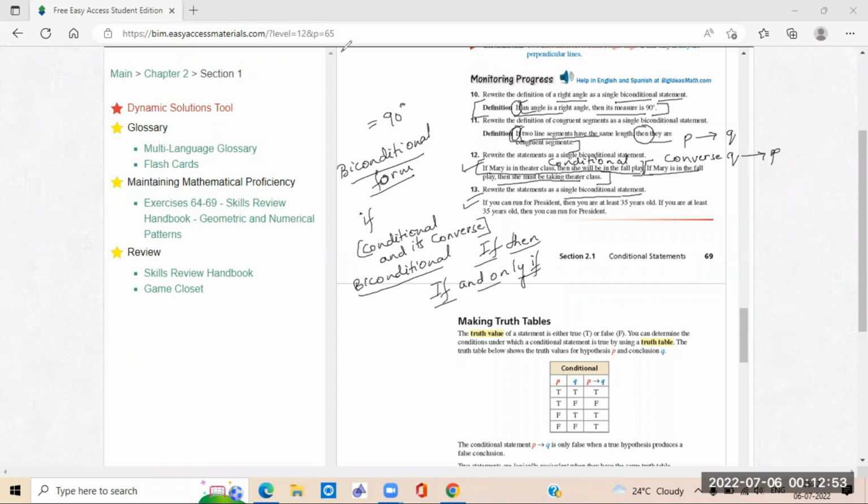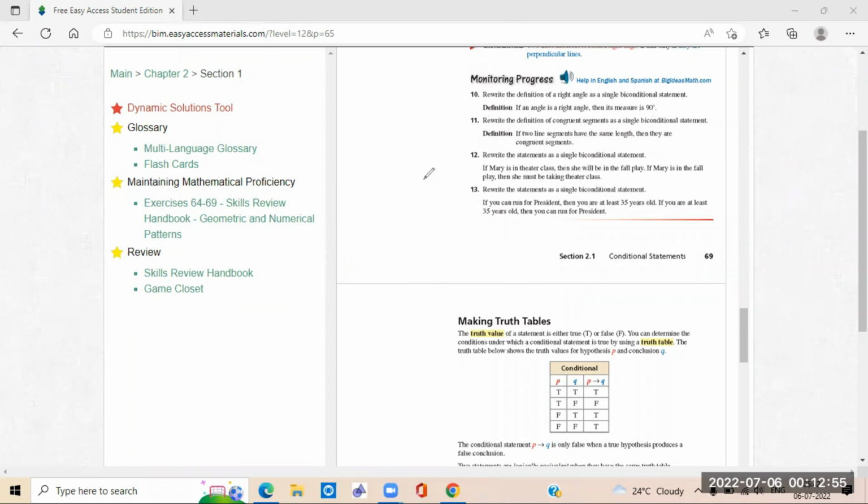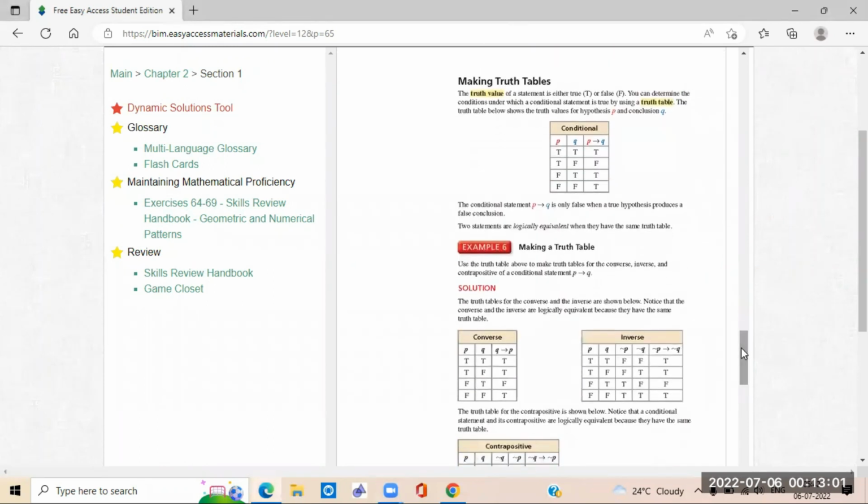So we have seen all the different types of statements: the conditional, the converse, inverse, contrapositive, and the biconditional statement. Now, making the truth tables. How do we do the truth tables? If you're considering the conditional statement, you can determine the conditions under which it is true by using a truth table.